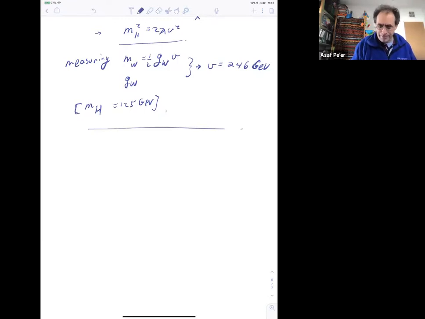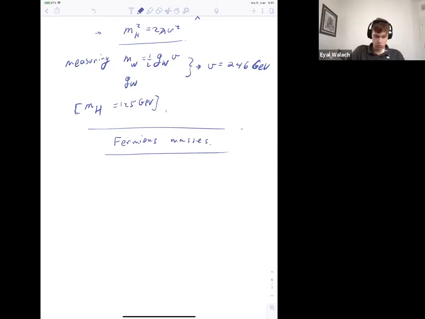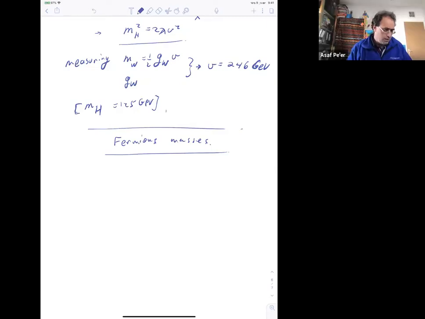Mass for the fermions. Well, I just showed you how the Higgs mechanism gives masses to the gauge bosons, to the W and the Z. But the importance of the Higgs field in the standard model extends much beyond that, because it also generates the masses of the fermions, in fact, all of the fermions. What is the problem?